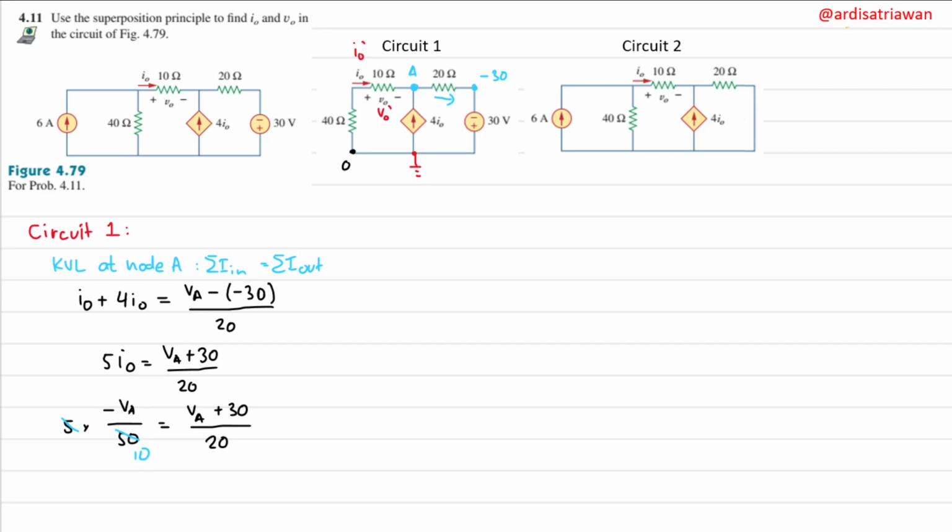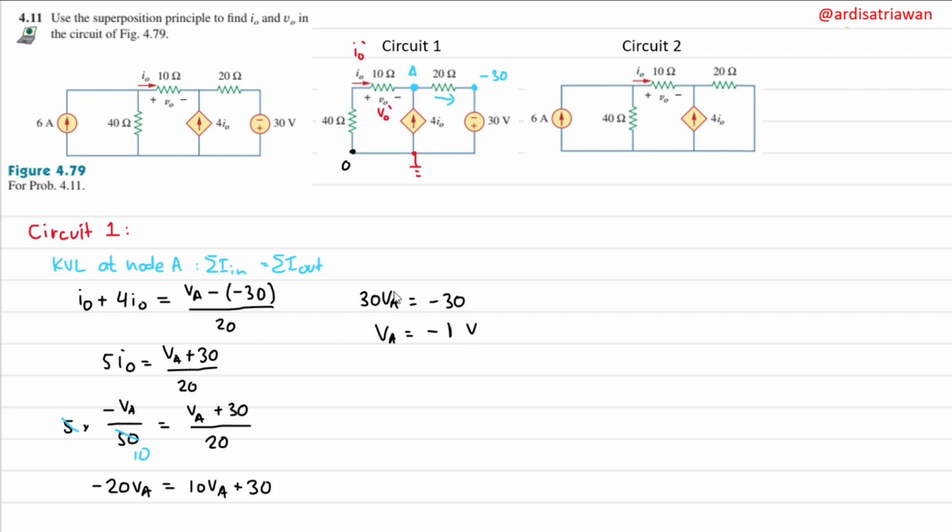Okay, let's do some simple algebra. I will have minus 20 VA is equal to 10 VA plus 30, or I will have 30 VA is equal to minus 30, which means that VA is equal to minus 1.